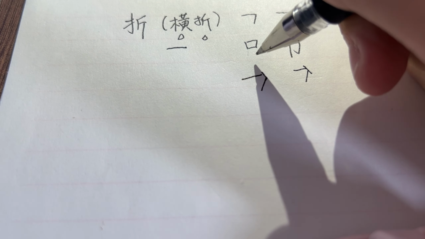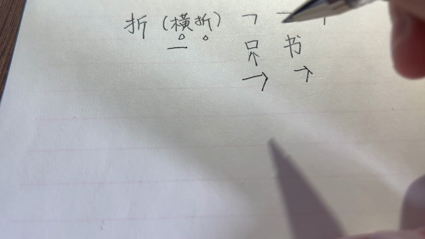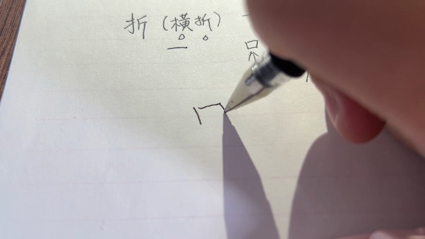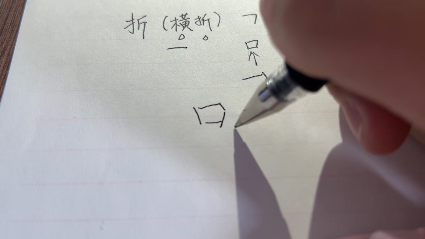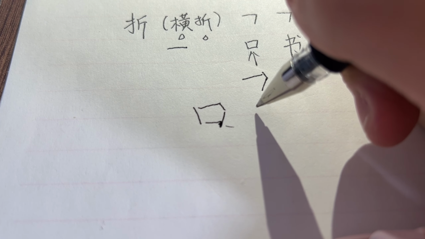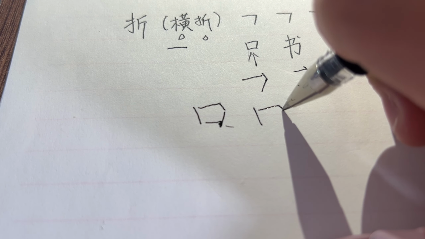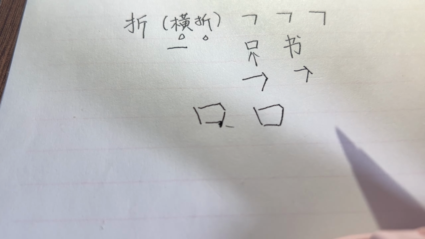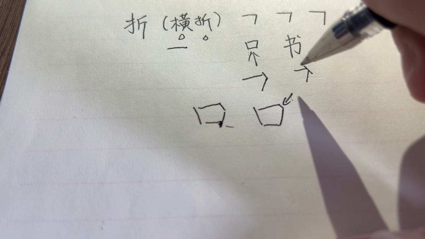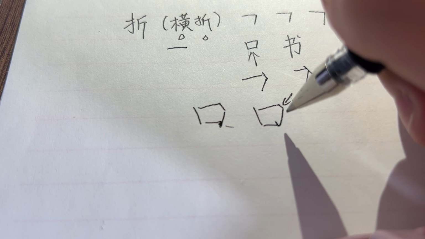So when it comes to a real character like this, you can see it become like this. Notice this. Oh, there should be a hook here.